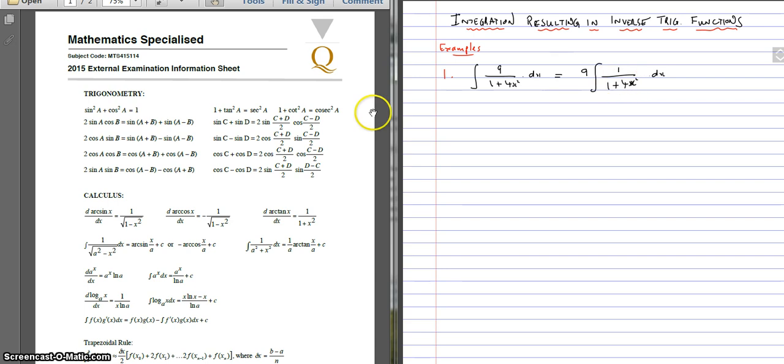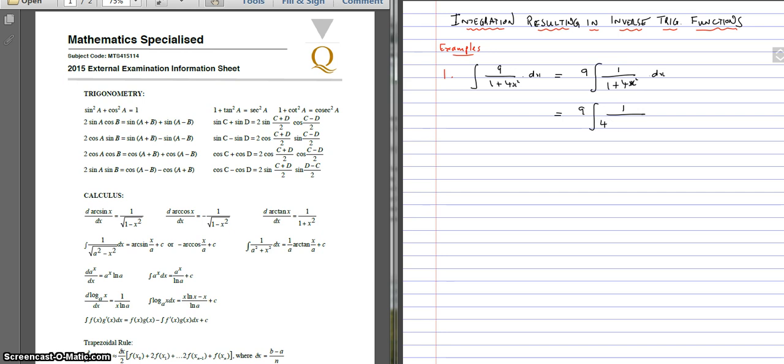So what we're going to do is try and write it in this form so that we don't have a coefficient of x squared being 4. In order to change that, we need to take out a common factor of 4.